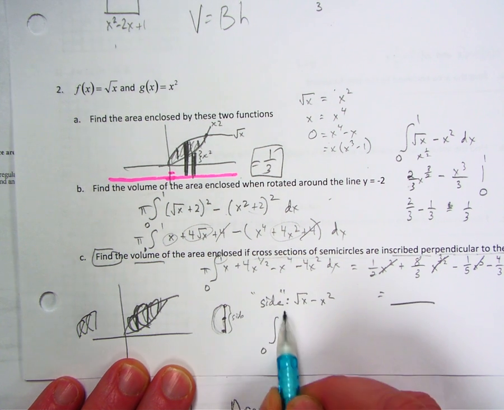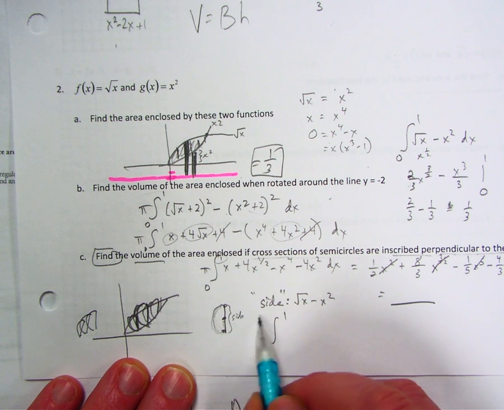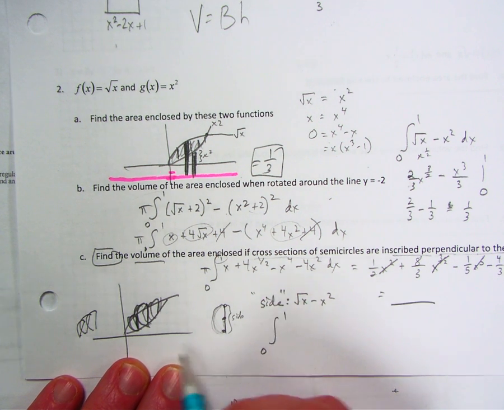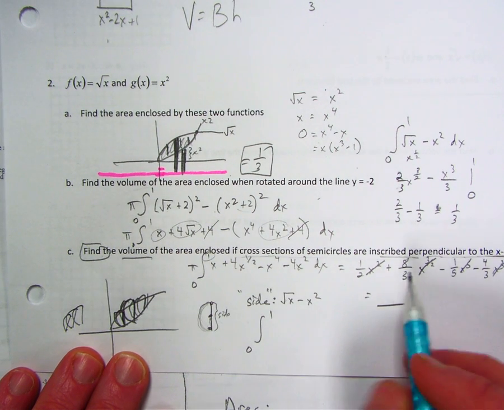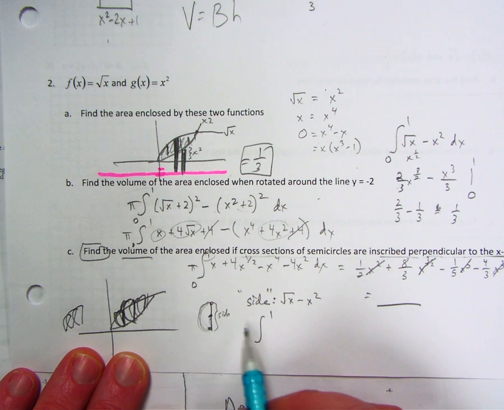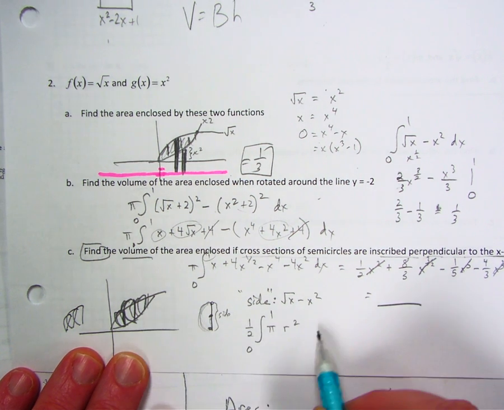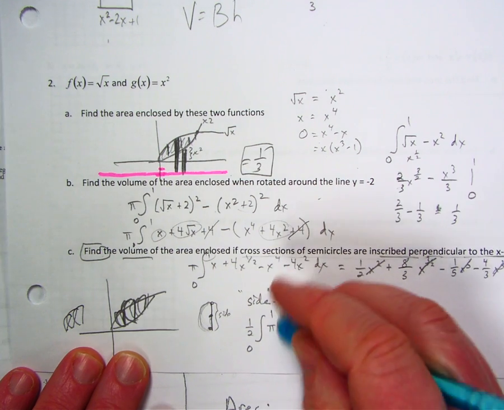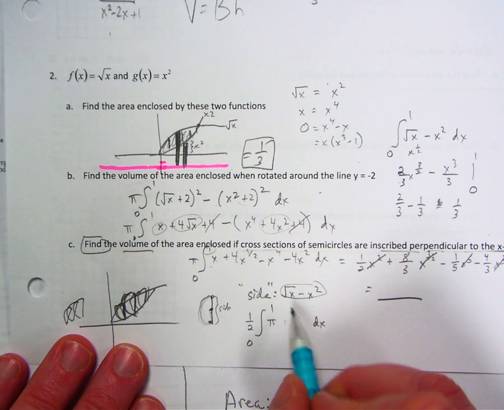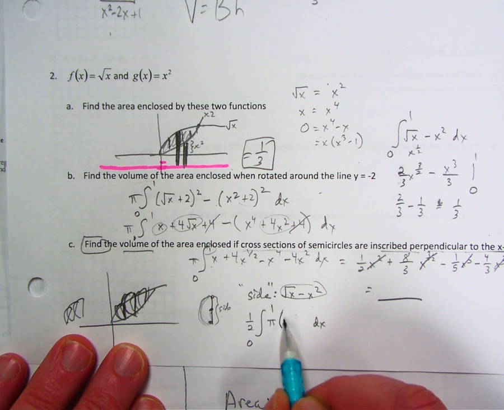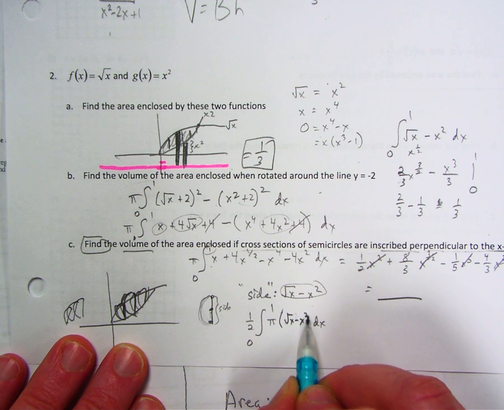So I'm taking the integral from 0 to 1 of, it would be pi r squared if it was circles. It's half a circle, so it's half pi r squared. But my r then is half of the side, so it's radical x minus x squared.